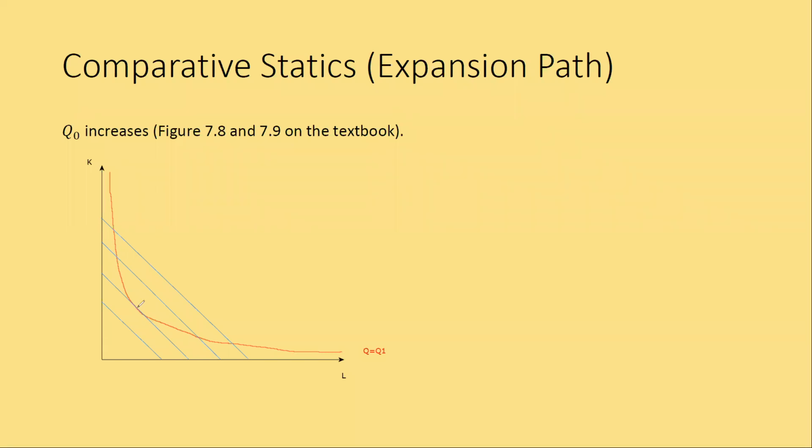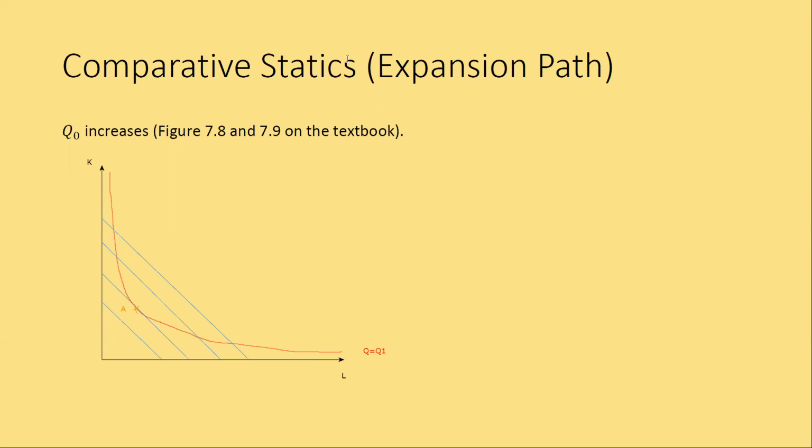And we know that this is our cost minimizing input combination. So point A over here is our optimal point. And this corresponds to the case when Q equals Q1.